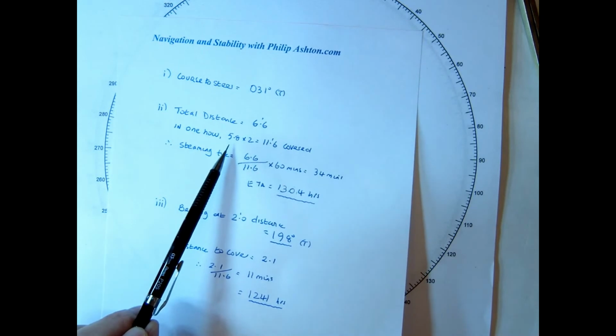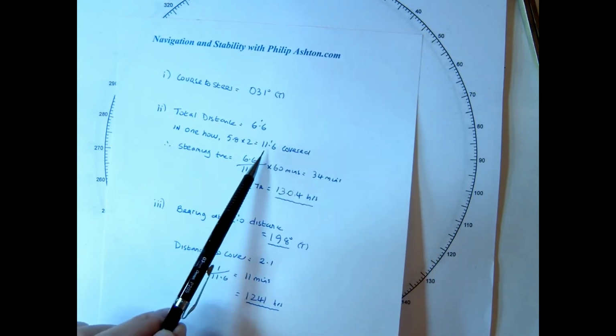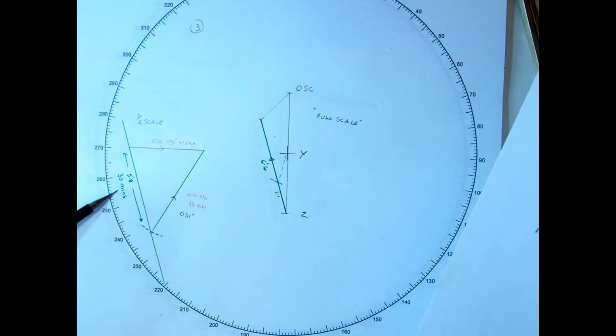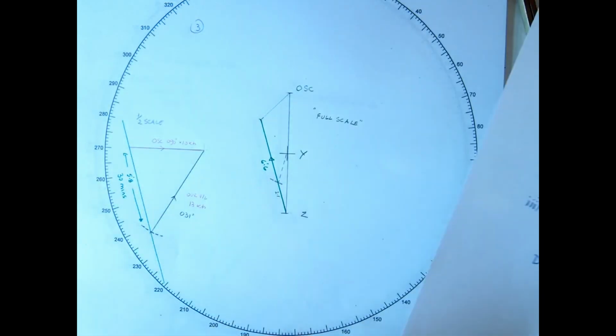Now 5.8 times 2 is 11.6 covered, which we got here, 5.8 in 30 minutes. So we cover 11.6 in 1 hour, and this 6.6, don't forget, is the full amount we've got to cover.